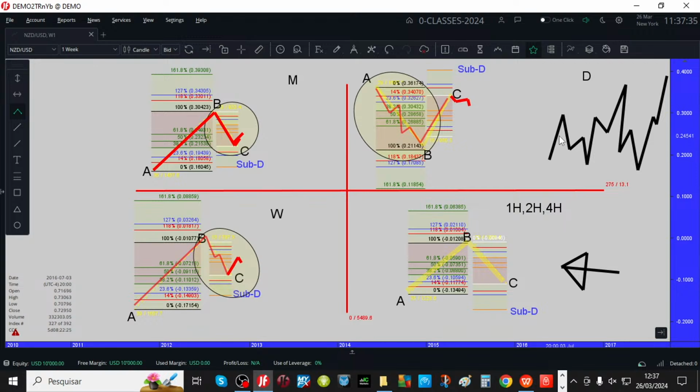When the daily is going to go up and down and be wishy-washy and sideways, and the 1 hour, 2 hour, 4 hour is going to make higher highs, but then it's going to make lower lows and higher highs again. And this is when you lose money.